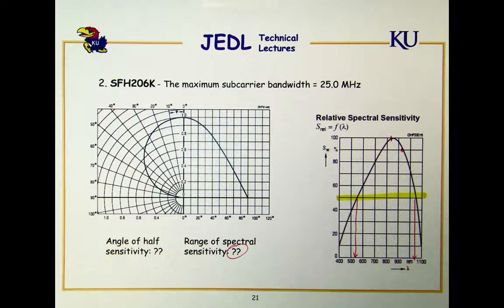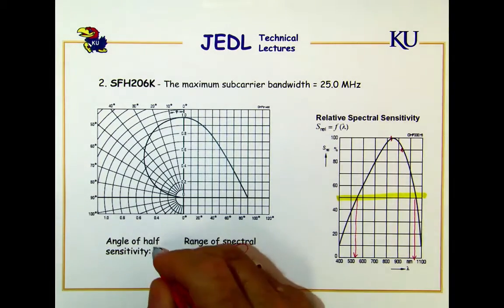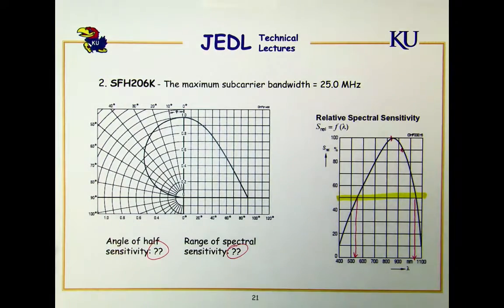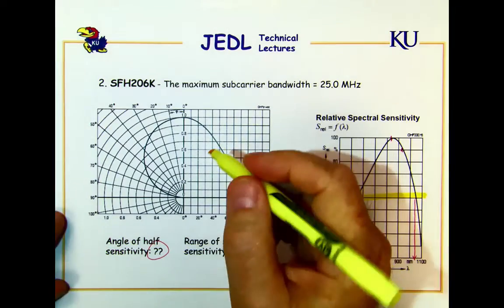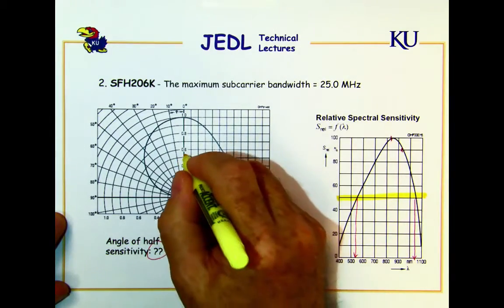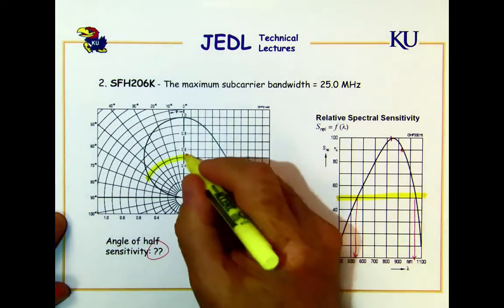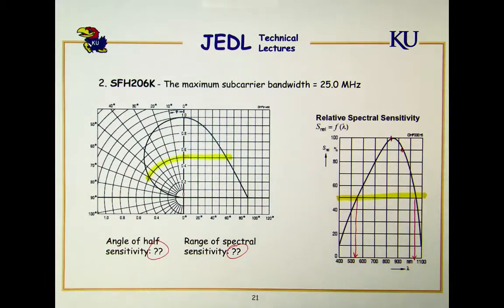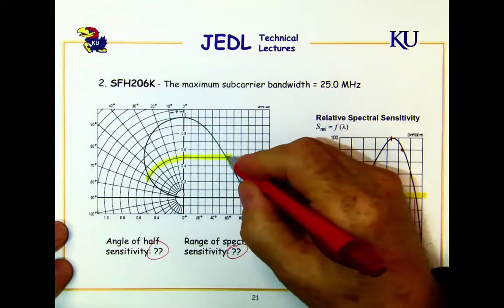The other device, the BP104, had a curve that was skewed to the left a little bit, and peaked out at the 900 and 940 nanometer range. This one peaks out at 880 nanometers. And then if we come over here and look at this half angle sensitivity, doing the same kind of analysis that we had before, going to 0.5, that comes around to there and there, and we're reading the same thing on either side.